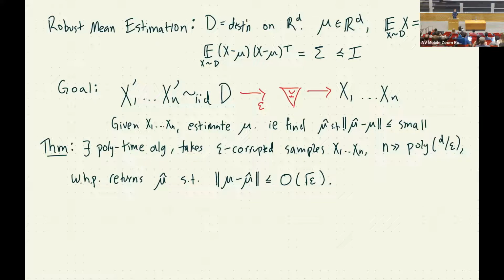If you were to assume that the underlying distribution was Gaussian, you could actually get order of epsilon. And there are even assumptions that allow you to interpolate between root epsilon and epsilon. But today we will just worry about the bounded covariance root epsilon case. The ideas are more or less the same to get the other guarantees. Okay, good. These are great questions. Keep them coming. Others?